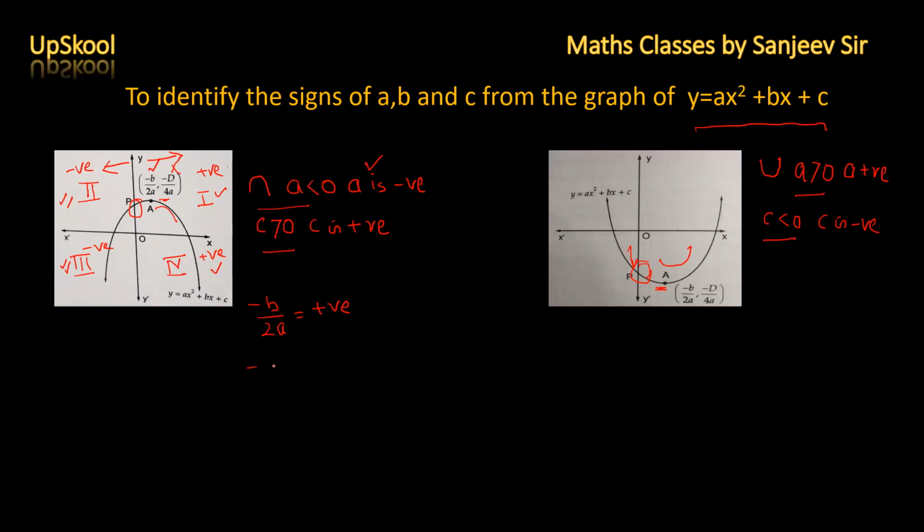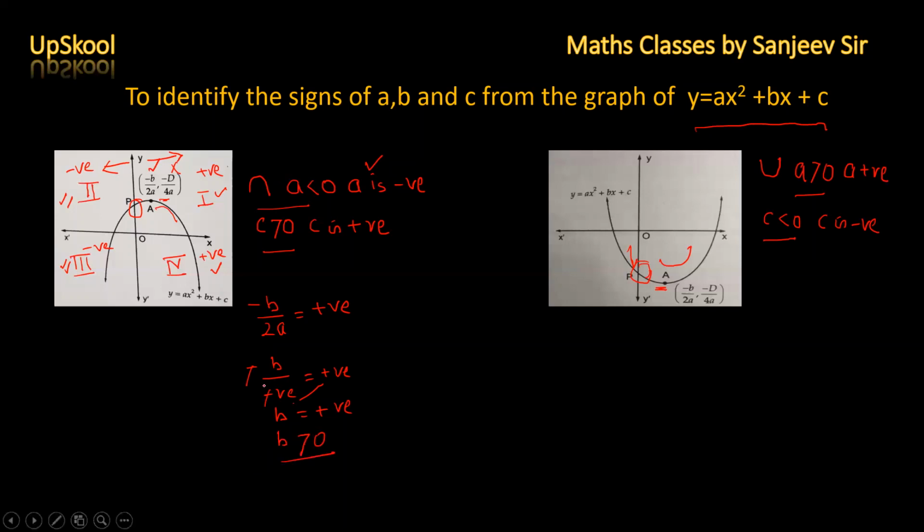Therefore, minus b upon negative is equal to positive. Now, negative into positive is negative, or you can cancel the negative sign here. That is, b is positive. So, b is greater than 0.